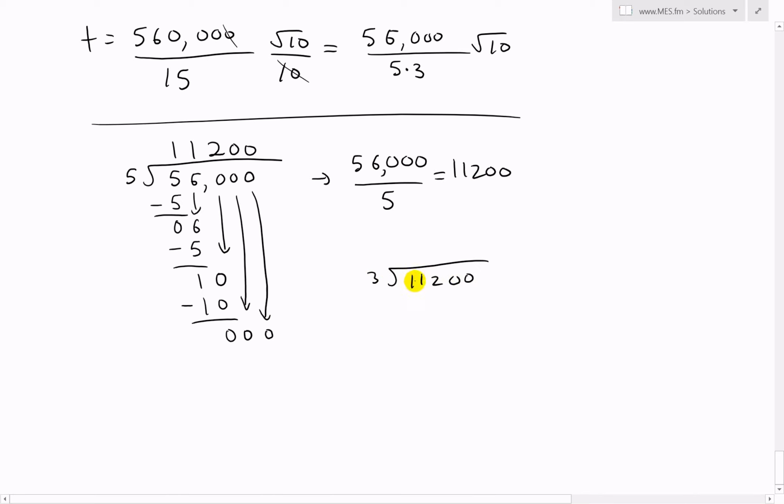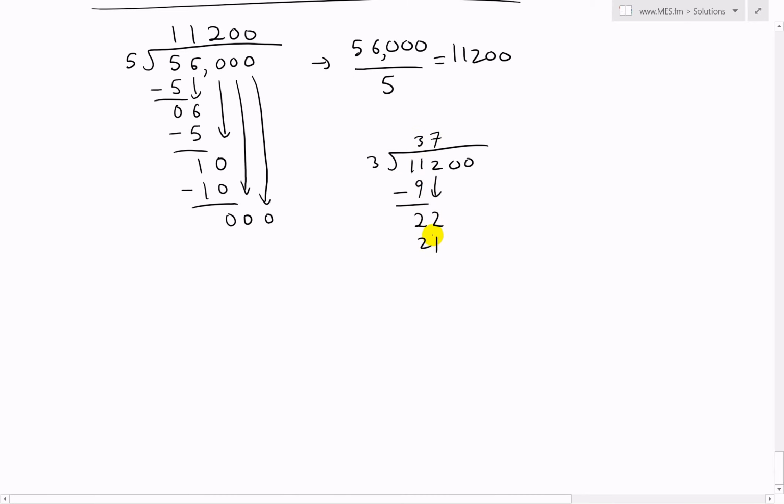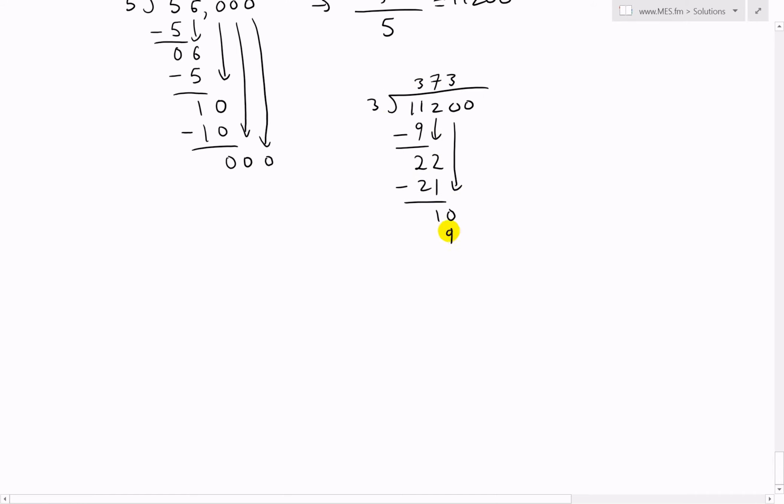So we get 3 into 11,200. 3 goes into 11 3 times, and then 3 times 3 is 9. Minus this, we get 11 minus 9 is 2. Carry the 2, 22, now 3 goes into it 7 times, which is 21, 3 times 7. And then subtract, we get a 1, and the 0 goes here, 3 goes into 10 3 times, to get a 9, subtract, we get a 1, etc. We get a 0 again, and then do the same thing over and over again.